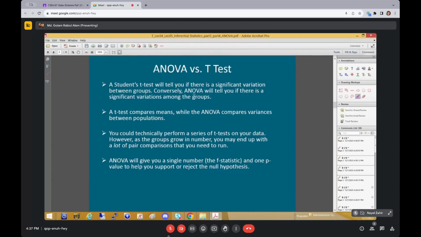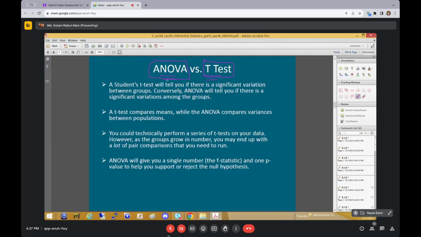So in this case, what is the difference between ANOVA and the t-test? The t-test is a parametric test, and ANOVA is also a parametric test. But why do we need ANOVA? Usually we perform a t-test to compare between two groups.